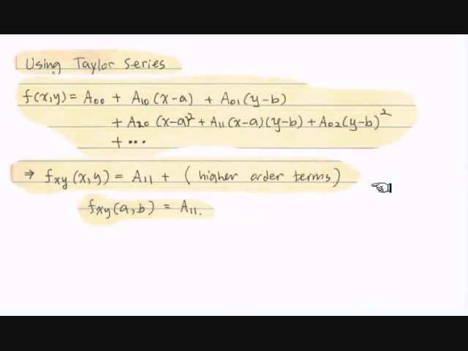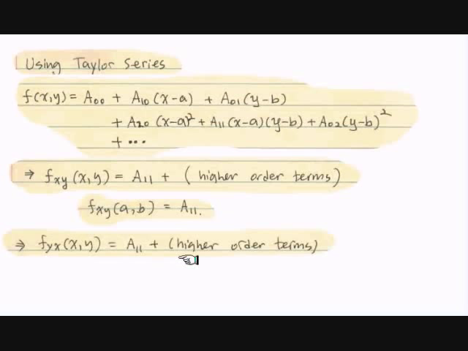So if you specialize this function at (a, b), meaning you plug in a and b there, this constant survives. All the terms here in the parentheses have an x minus a or y minus b in them. So if you plug in there, they disappear and become 0. That's why this value at (a, b) is just a11.